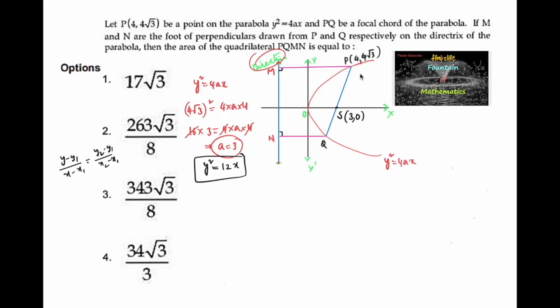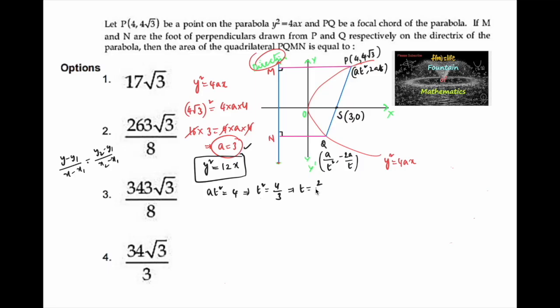And we know that if one end of the focal chord is (at square, 2at) in parametric form, then the other end can be taken as (a by t square, minus 2a by t). So here a is equal to 3. So we can say 2at is 4 root 3, which implies t square is equal to 4 upon 3.